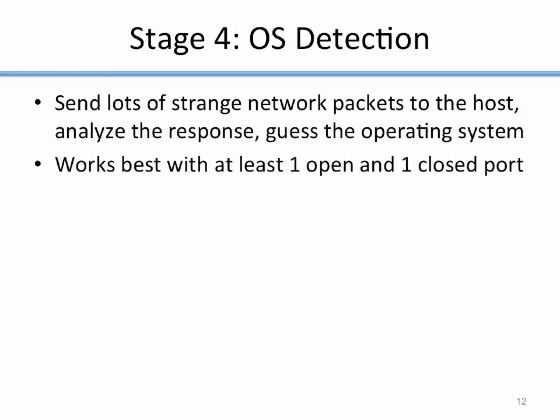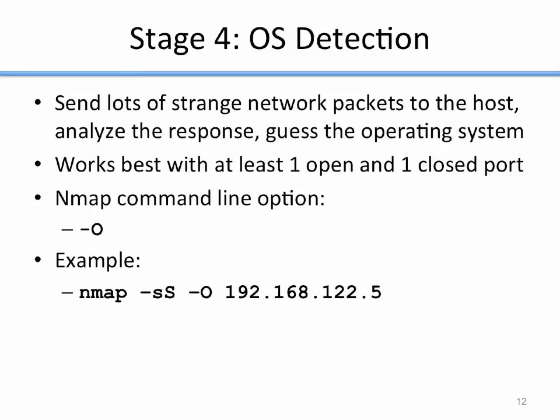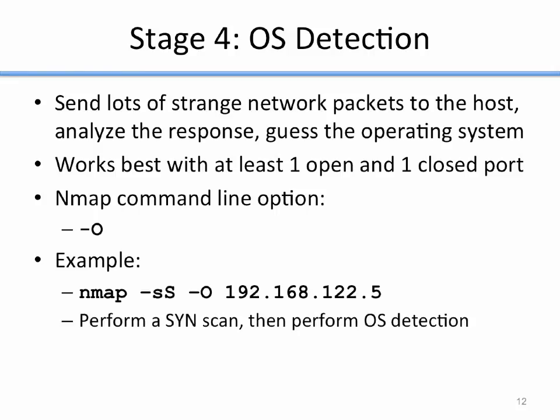In order to do it reasonably accurately, you need at least one open and one closed port. Now the command line option for this is -O. So as an example, if I specify this Nmap command, well, I'm going to perform a SYN scan because I told it I want to perform a SYN scan. And then I told it I want you to perform an operating system scan too, OS detection.